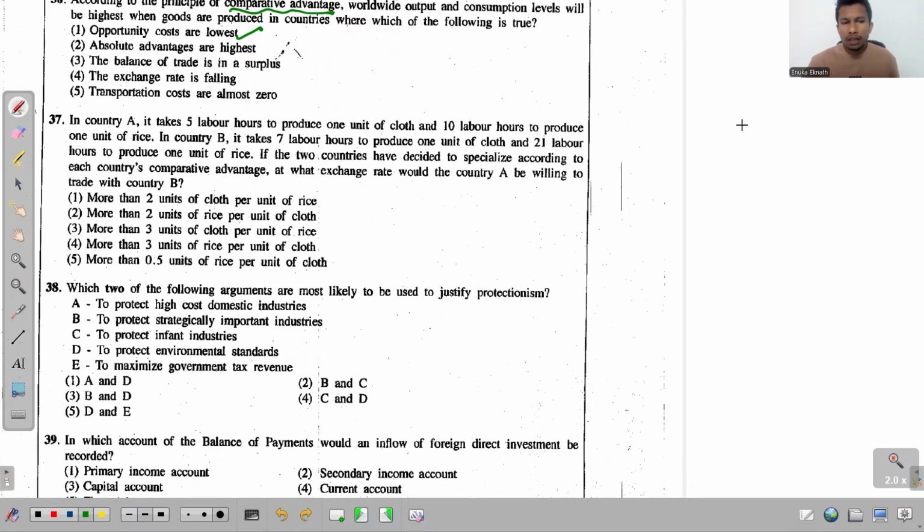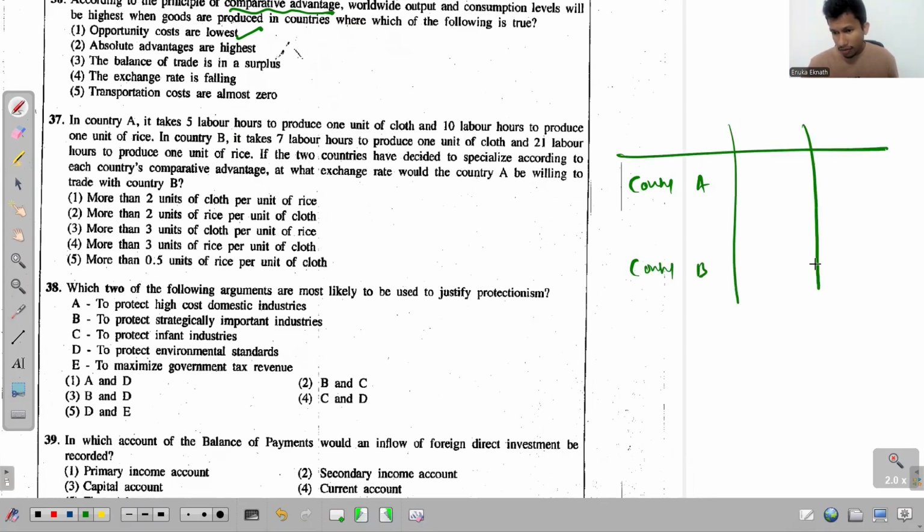So let me take the two countries this way, country A, and also country B, and we get the two products. What are the two products? We have clothing and also we have rice.